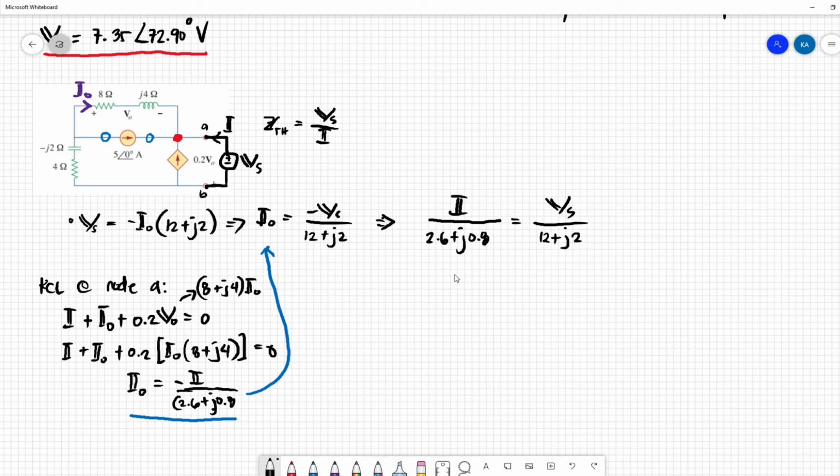So getting the expression Vs over I, our ZTH is just equal to 4.47 with angle of negative 7.64 degrees ohms. We have our ZTH.